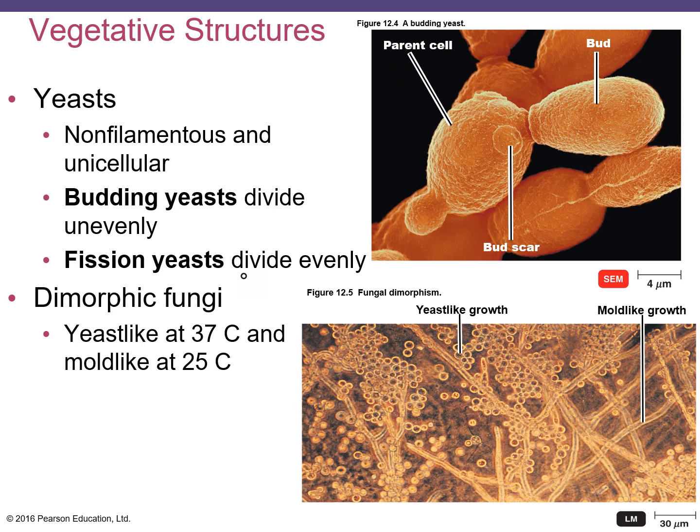The mold-like form produces vegetative and aerial hyphae, while the yeast form is produced by budding. Dimorphism in pathogenic fungi is temperature dependent. At 37 degrees Celsius, the fungus is yeast-like, whereas at 27 degrees Celsius, it's mold-like.